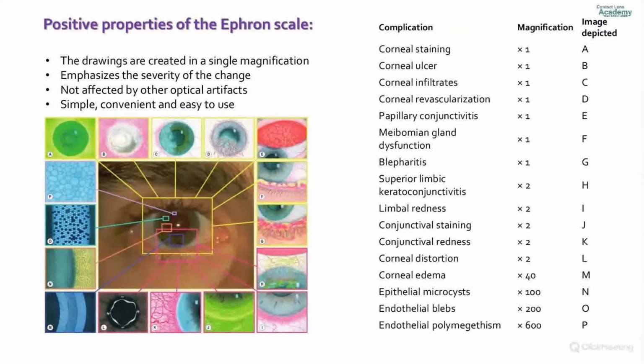And here you can see what structure is multiplied one time and what structure is multiplied twice. And as you see, endothelial polymegathism, like in that picture, is multiplied 6,000 times. But commonly used things are equal to the eye size.